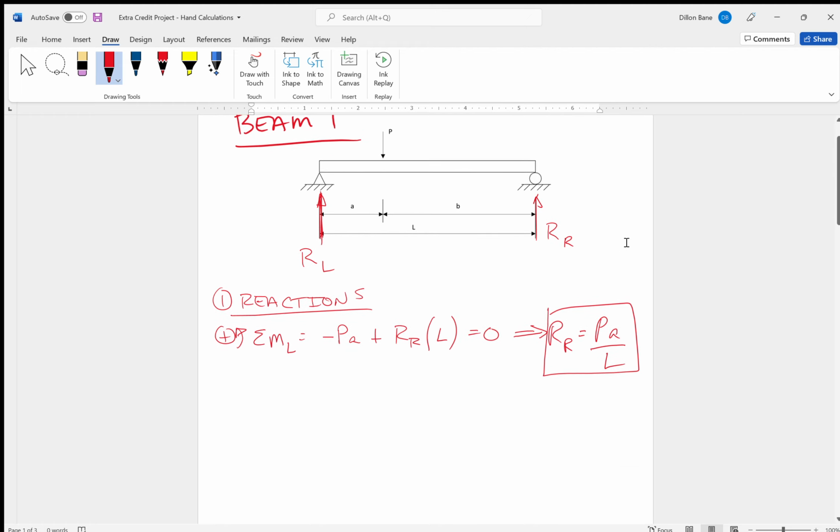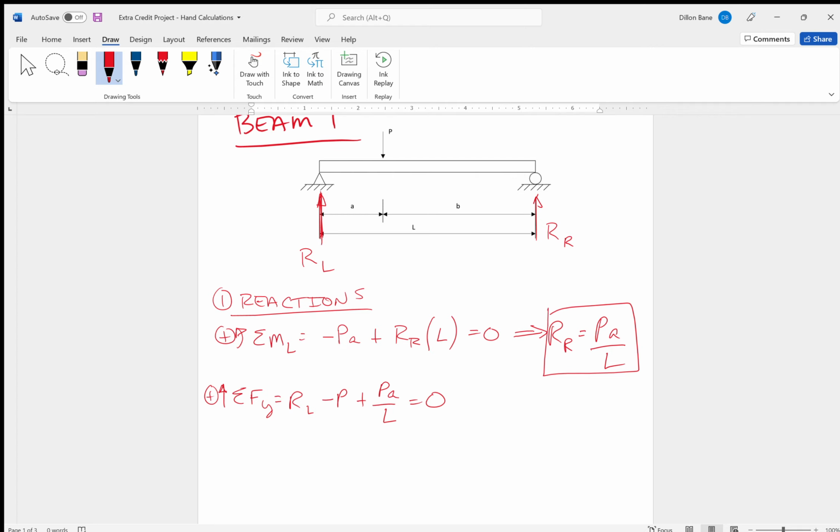If we come down, we'll do some forces in the Y so that we can get the left reaction. And what we get is reaction left minus P plus the reaction at the right, which is PA over L, and set that equal to 0.